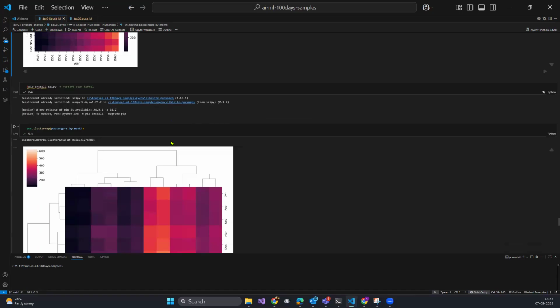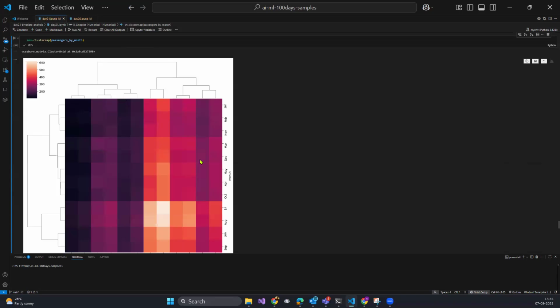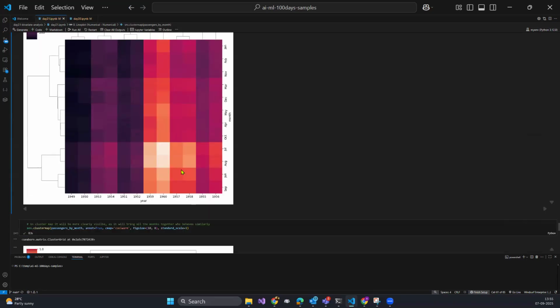And yeah, with the cluster map we can see the same things, and it will correlate similarly. Here you can see July and this month, and more of the lighter years. So you'll see that 1959 and 1960 are on the higher side.